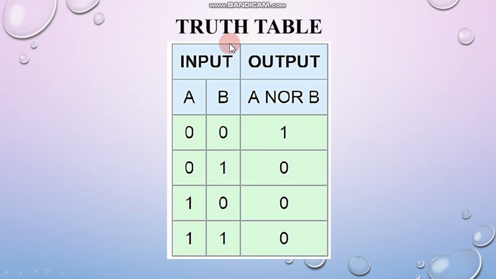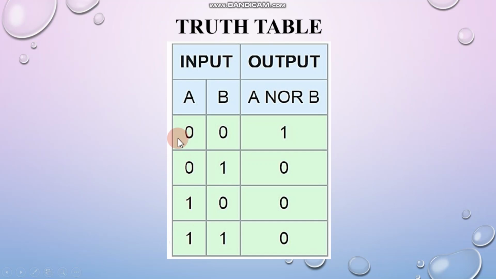Now the truth table is a tabular form which relates input and output. First we make column A, second column B, and the third column is the output column. Column A is 0 0 1 1: two zeros back to back, and two ones back to back.